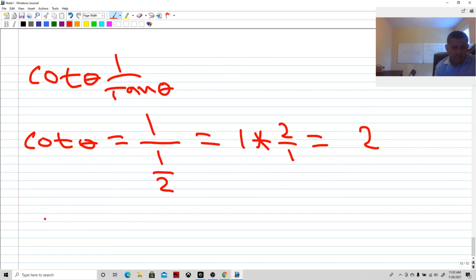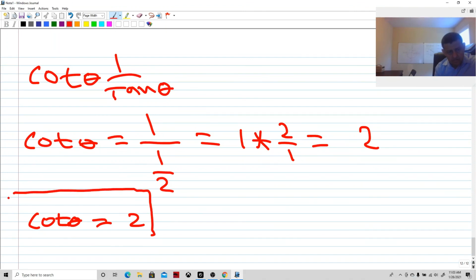So we can say that cotangent of theta equal to 2. So, okay, let me just undo that. Let me complete that box right there.